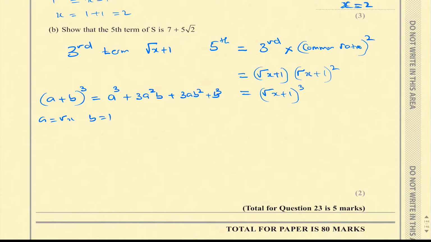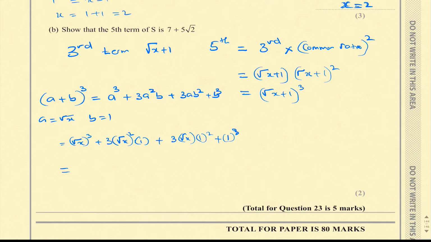So I can now do my expansion by replacing the a and b with their values. So I get (root x) cubed plus 3(root x) squared times 1 plus 3 root x times 1 squared plus 1 cubed.